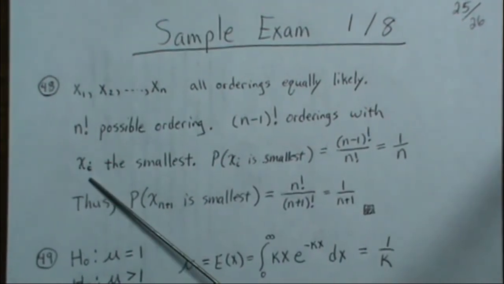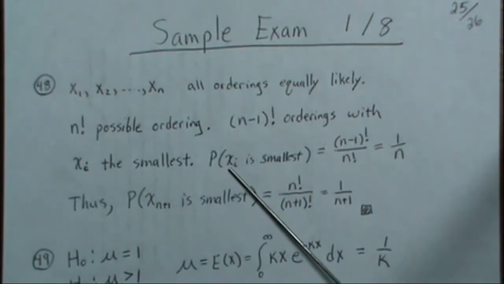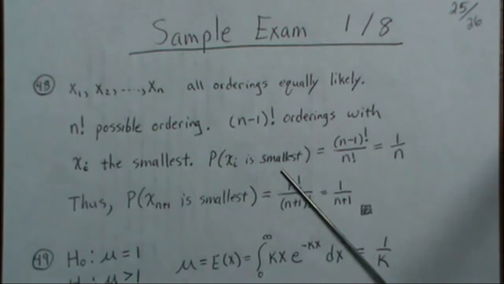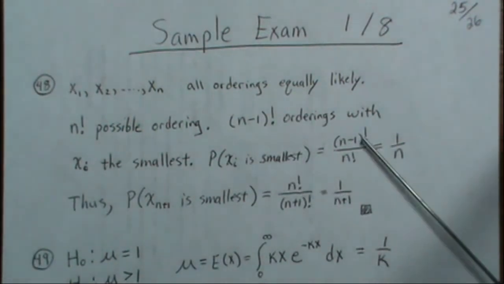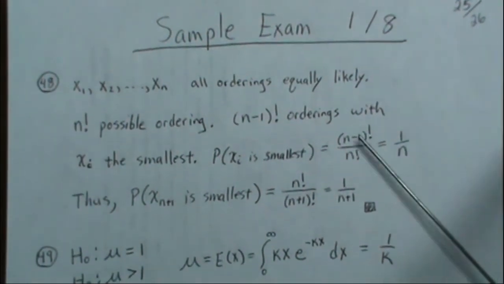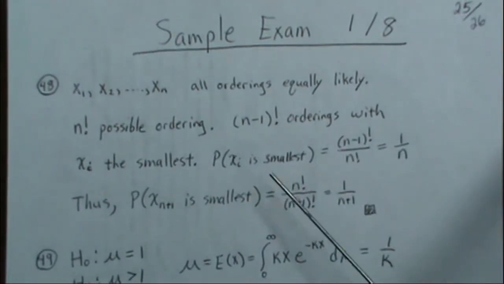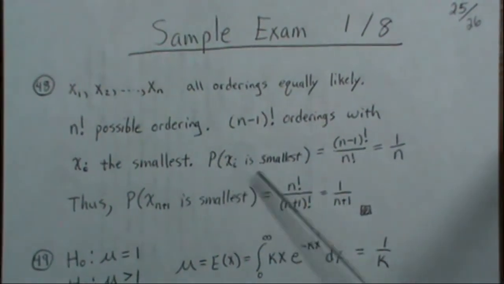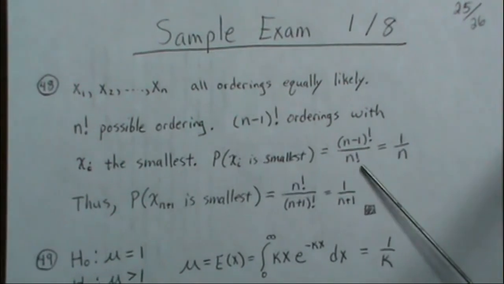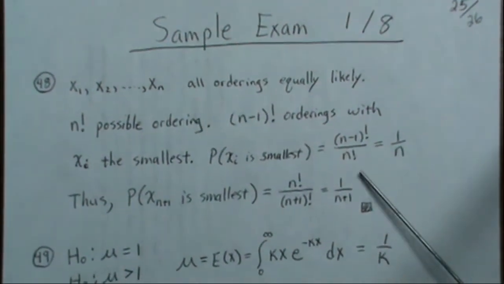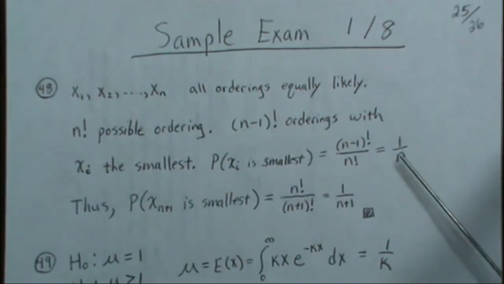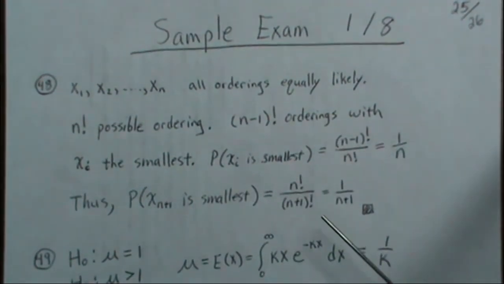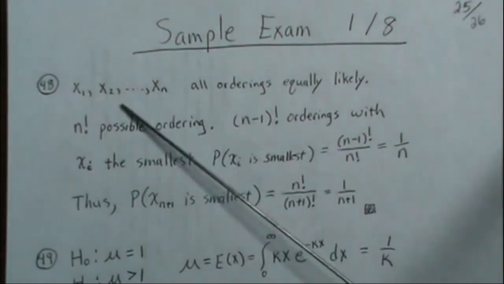So pick one of them to be the smallest, and there are n minus 1 factorial ways to order the data with xi the smallest. This is over the total number of ways to order the data, and so the probability is 1 over n that xi is the smallest.